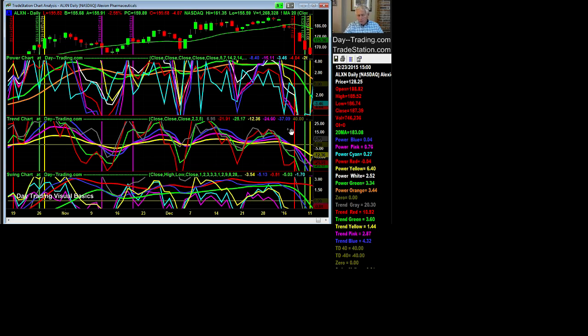Some people like to be swing traders, and they will get in and out as the market moves. The fast candles, like the trend red and green and gray, and your power lines, like your pink and blue and white and yellow, and then of course on your swing chart, your pink and Zion and yellow.